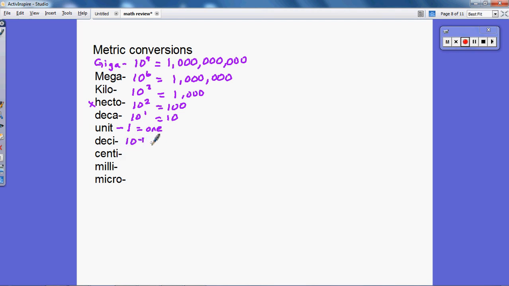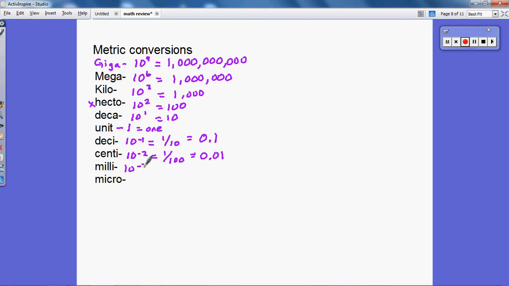Deci is 10 to the negative 1, which is 1/10, which is 0.1. Centi, 10 to the negative 2, which is 1 over 100, 1/100th.